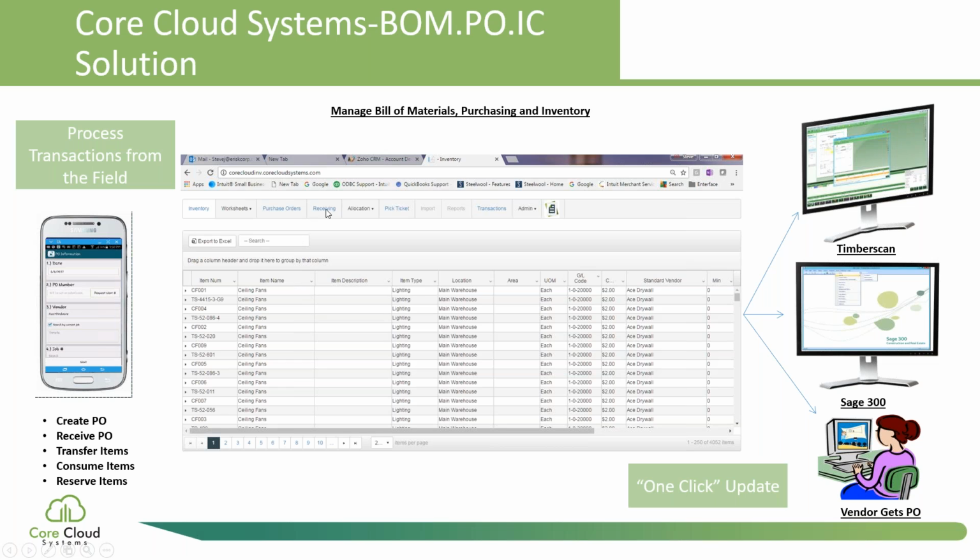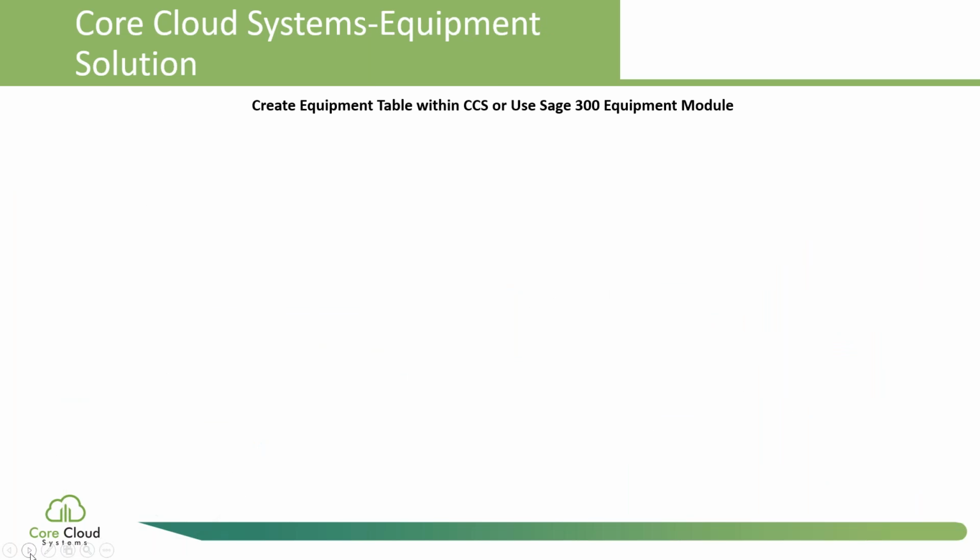Once you've done the receiving, it does the same thing and sends a receiving report into TimberScan. So when the invoice hits the door and you match up the PO and the receiver, it automatically does the data entry for the distribution. We've done some really cool things with this. This is one of our advanced products, the advanced material product, a full-blown material management system with a lot of features.